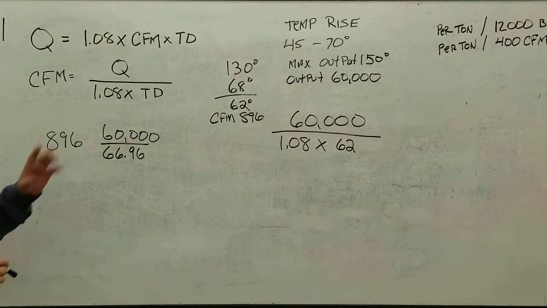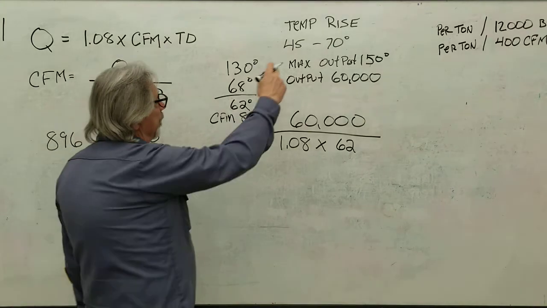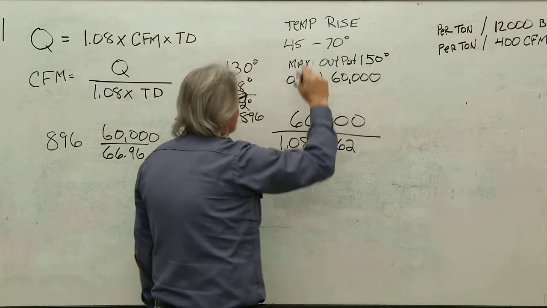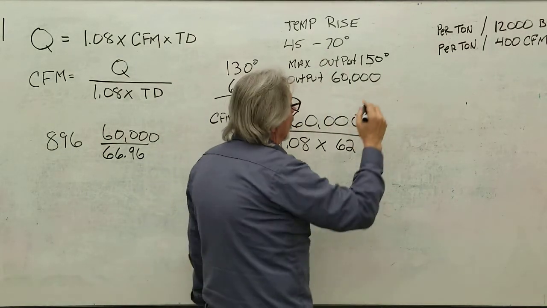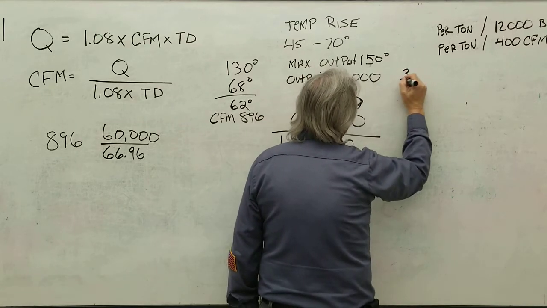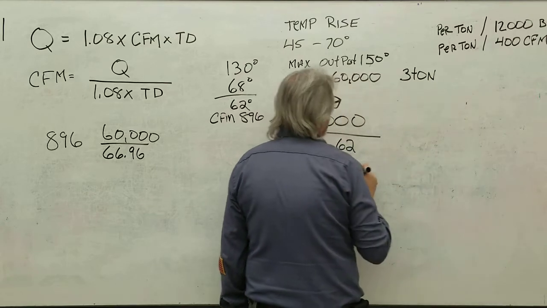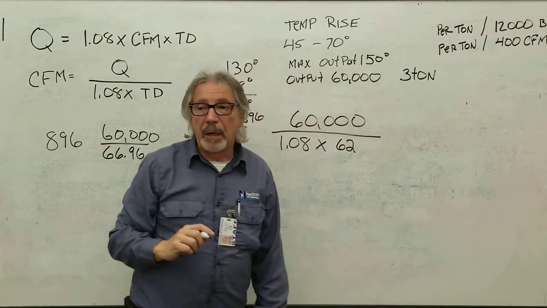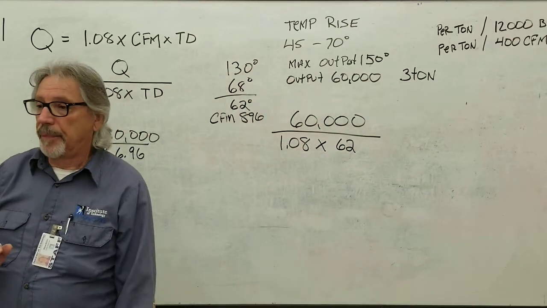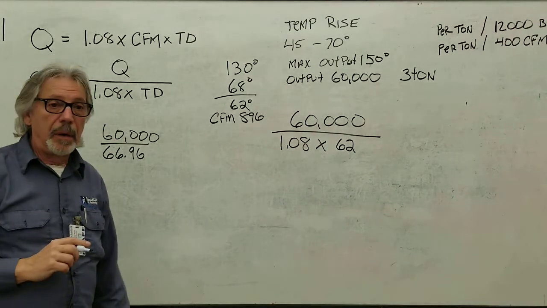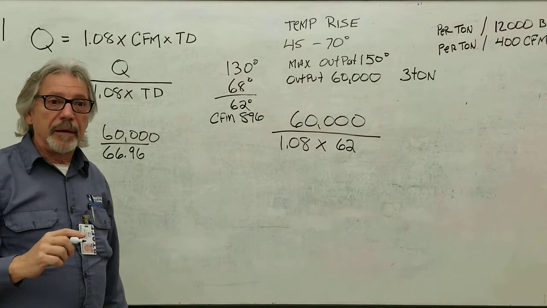Now, if this happens to be hooked to an air conditioner that is a 3-ton, how many CFM in cooling? 1200 CFM. How do you get that?